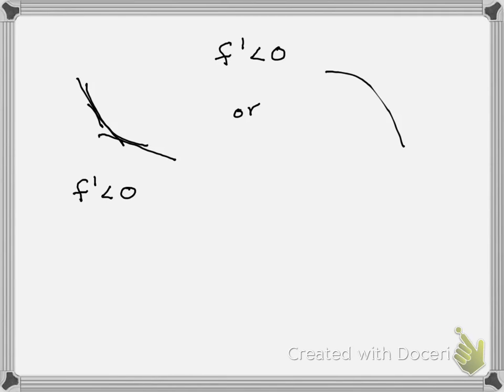Let's see what happens if f prime is negative. Now we know f is decreasing. It might look like this, or it might look like that. The same kind of analysis of tangent lines tells us in the case on the left, f prime is negative, but the slopes are increasing.